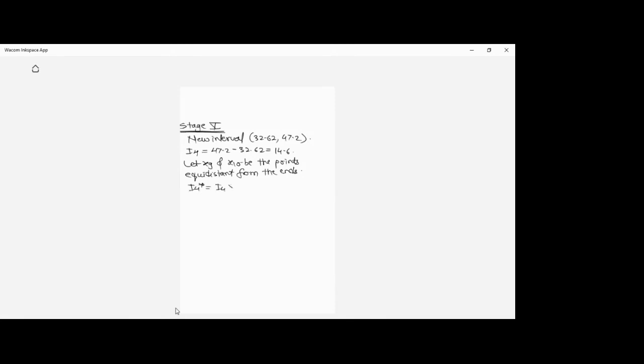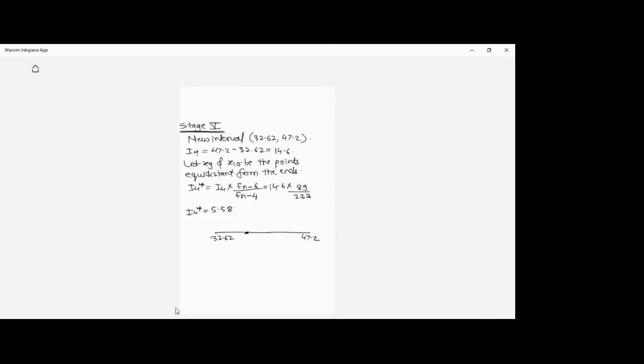It will be I4 into, previously it was n minus 3, so now it will be n minus 4, and 2 digits back fn minus 6, so it is 14.6 into 89 upon 233. The value of I4 star comes out to be 5.58. The interval that we have is 32.62 and 47.2.